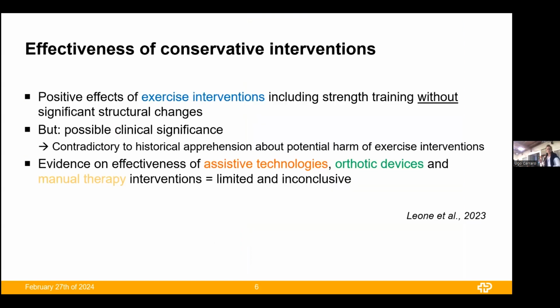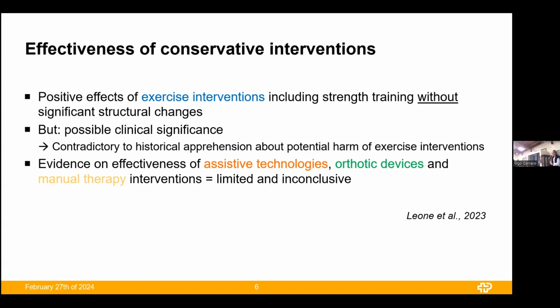Concerning the results, the review and meta-analysis that was conducted showed that exercise interventions, if combined with strength training, did show improvements in functional outcomes like pain management and strength, but no significant structural changes.